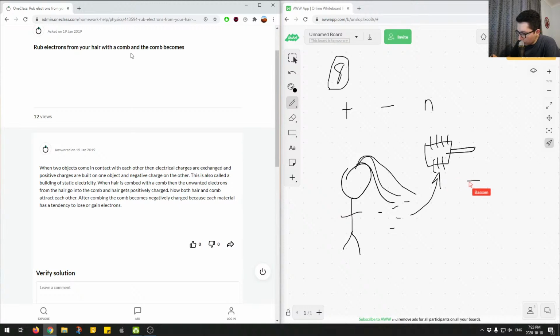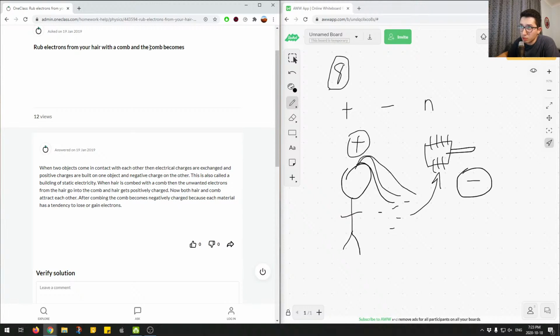So we end up with a more negatively charged comb and a more positively charged hair. Since we're losing electrons, we're losing negative charge, and that's what's causing the hair to become positive. And since the comb is gaining negative charge, it becomes negatively charged, and then the hair and comb are attracted.